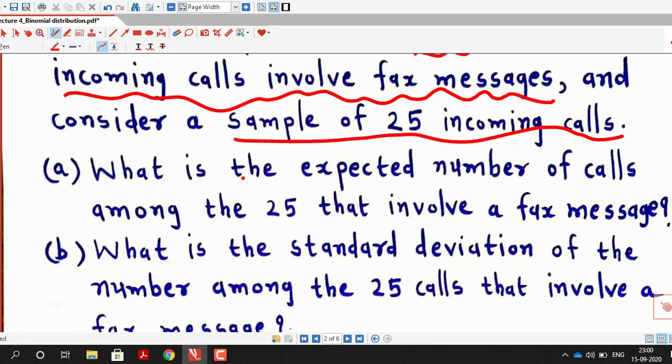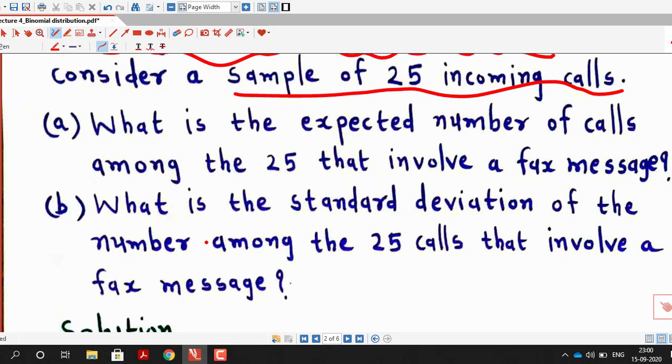The first question is, what is the expected number of calls among the 25 that involve a fax message? And the second question is, what is the standard deviation of the number among the 25 calls that involve a fax message?